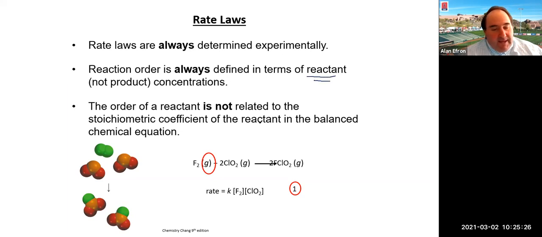And the order is not the coefficient, which is what this is trying to show you here. It kind of missed the circle. I was trying to circle that one, and the 1 was here. Sorry, some of these things got adjusted weird. But as we see here, ClO2's coefficient is 2, but the actual order that we determined was 1. Any questions on that?